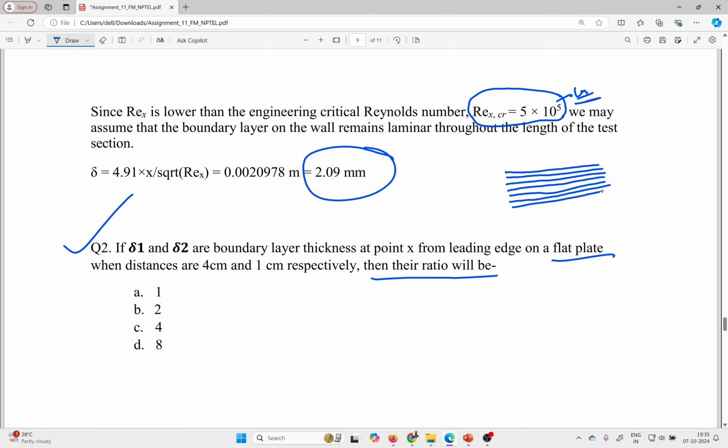Okay, I will show you, don't worry, I will show you today. This is a laminar flow pattern, but in turbulent flow, the flow is not like that. The flow will be zigzag.